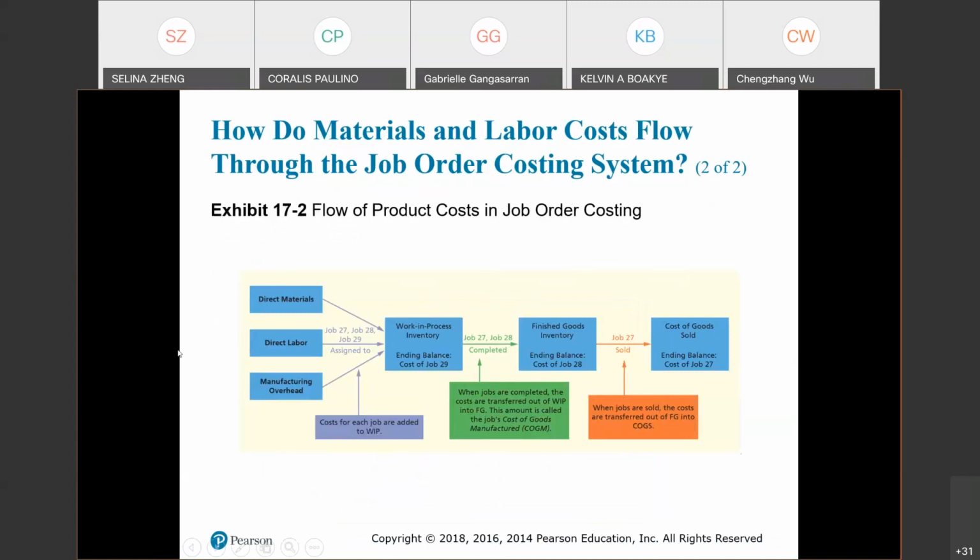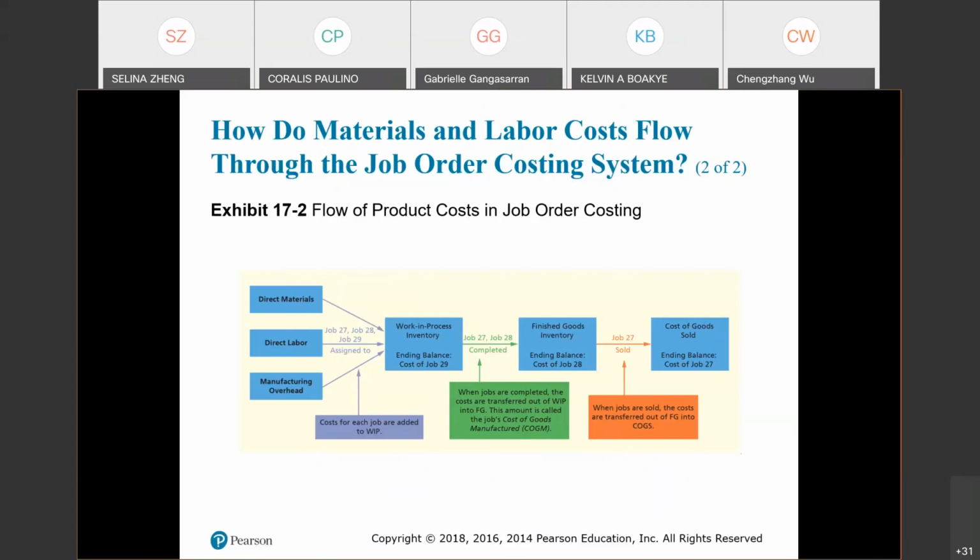Again, in a job order costing system, the companies must accumulate the costs and then assign the costs to each job. Costs are accumulated when the company purchases raw materials, incurs direct labor, and incurs manufacturing overhead.